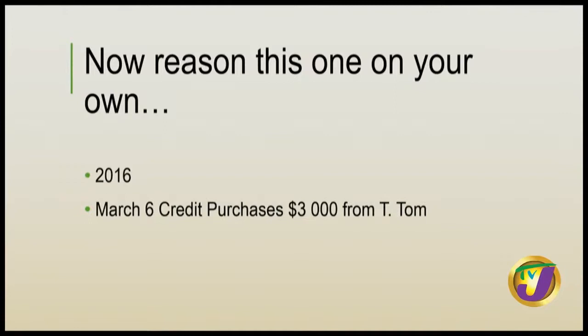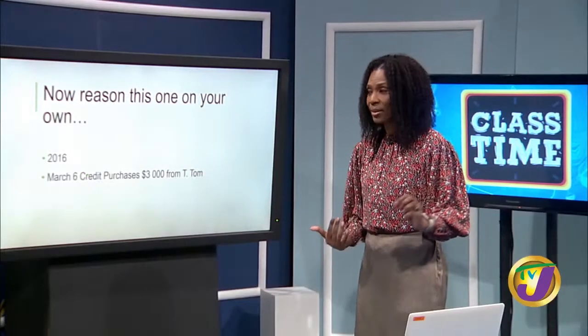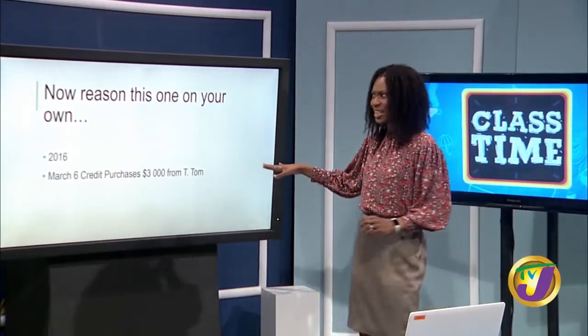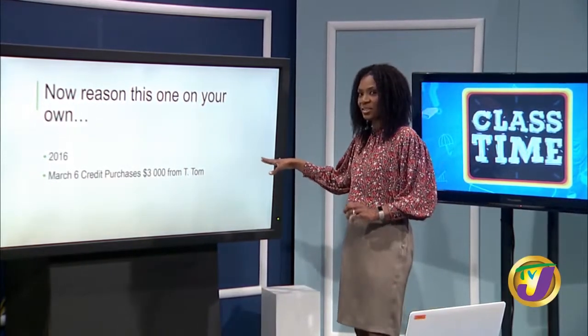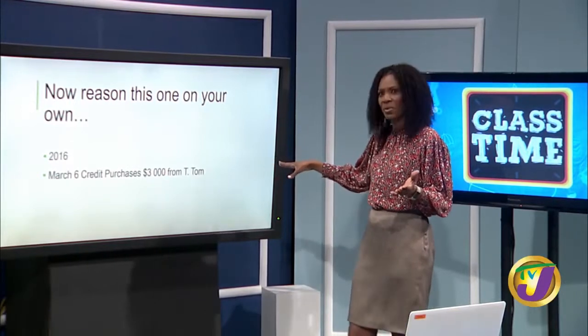Credit purchases. In our Jamaican language, native tongue, give me another word for credit. In this case, trust. Yes, we trust T. Tom's good. So we buy the goods, but we haven't paid T. Tom yet. How would we post this in the ledger? Credit purchases, $3,000 from T. Tom.